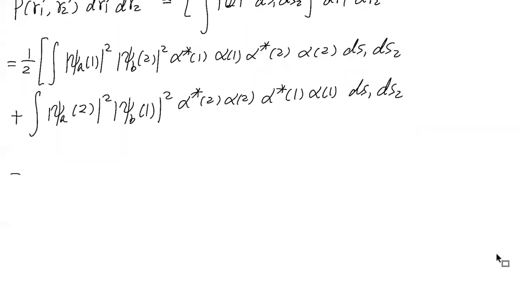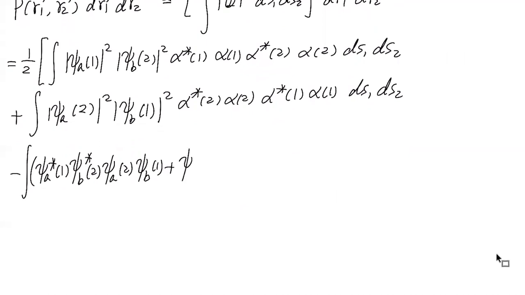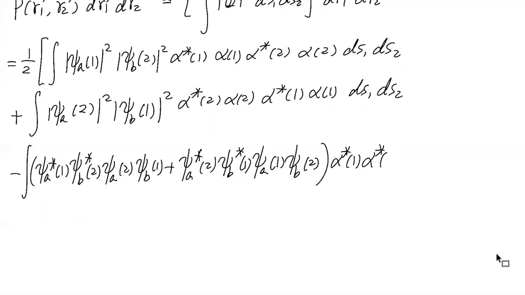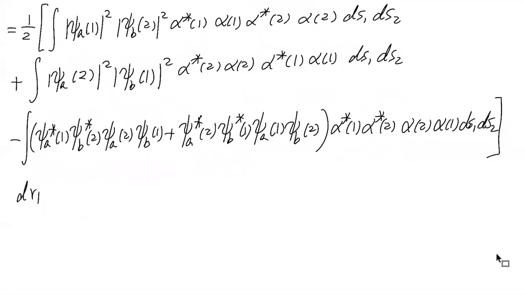Now, the crossing term, integral psi A star 1, psi B star 2, psi A 2, psi B 1, plus psi A star 2, psi B star 1, psi A 1, psi B 2, alpha star 1, alpha star 2, alpha 2, alpha 1, ds1, ds2, and finally dr1, dr2.